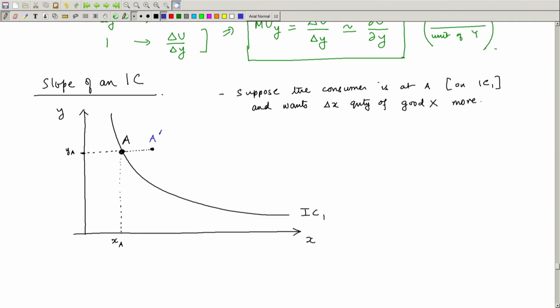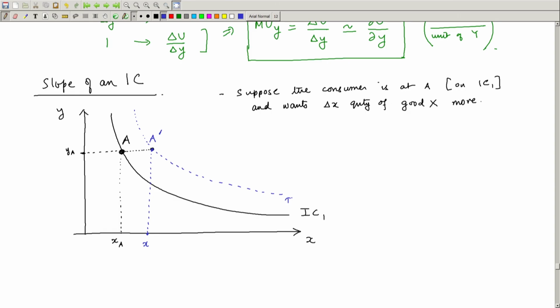Now, I can immediately see that because of more is better, bundle A prime has more of good x compared to bundle A and the same amount of good y. So, clearly he must prefer bundle A prime over A, right. Pictorially, bundle A prime is going to be on a higher indifference curve level, right. So, that is going to take him to a higher level of utility, right.